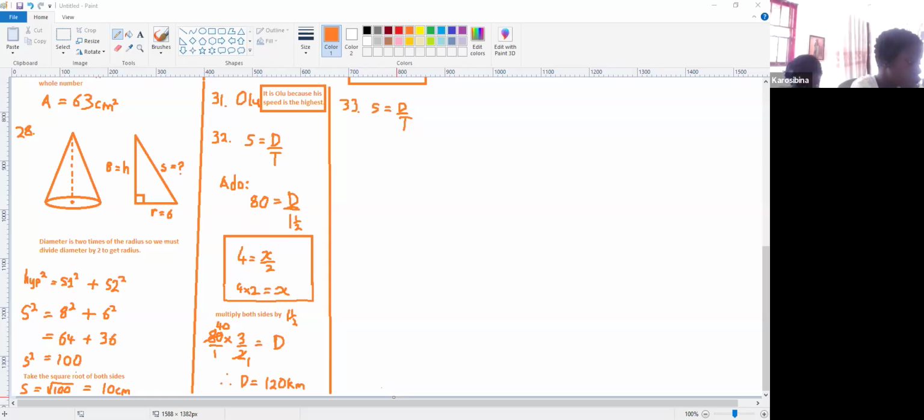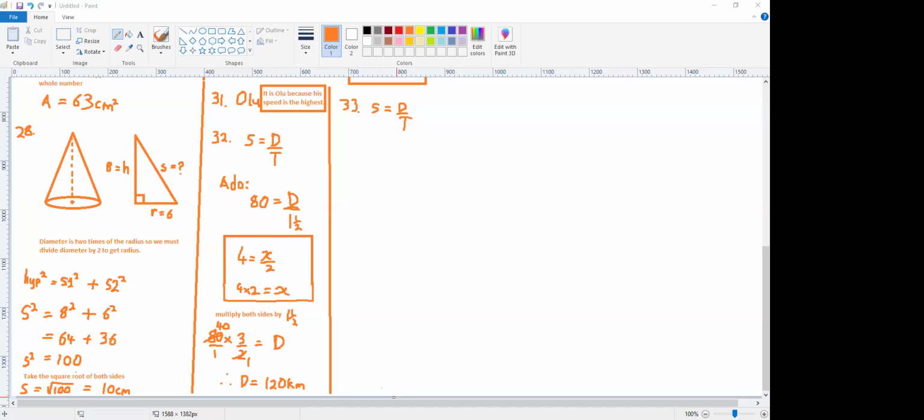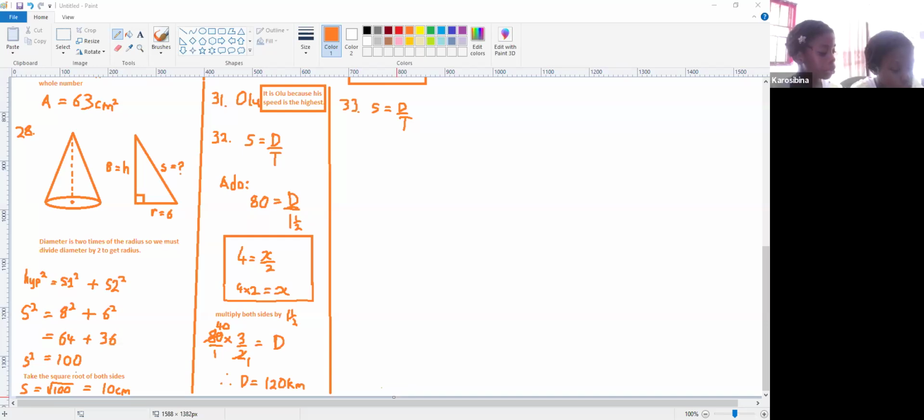The speed was 75. Was Hassan's speed 75? Check if Favor is correct. And his time is what? 1.5 hours.